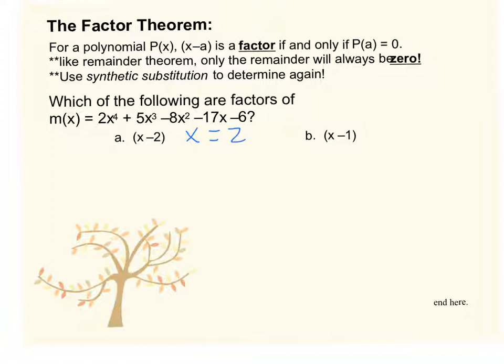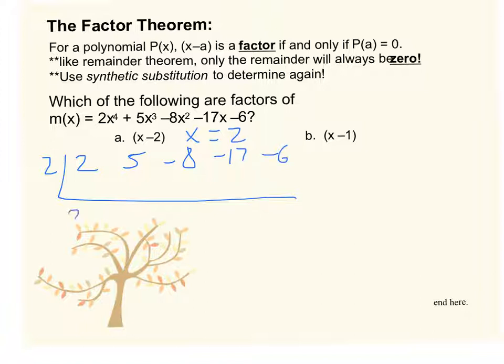You should always have factors and zeros associated with each other. If x minus 2 is a factor, then x equals 2 is a 0. So if I take 2 and set up some synthetic division, so 2, 5, negative 8, negative 17, negative 6.